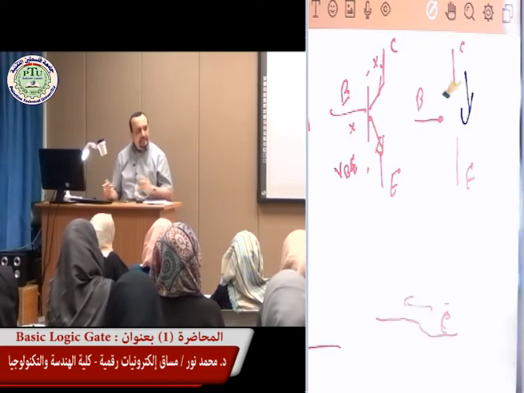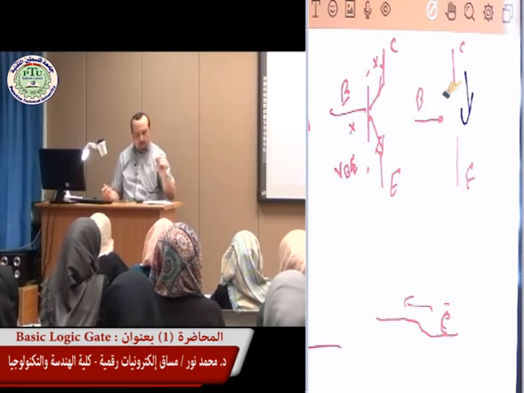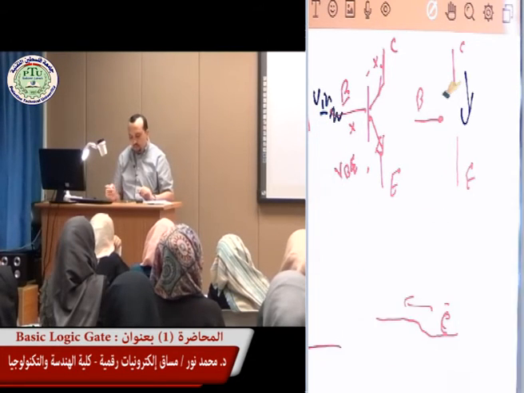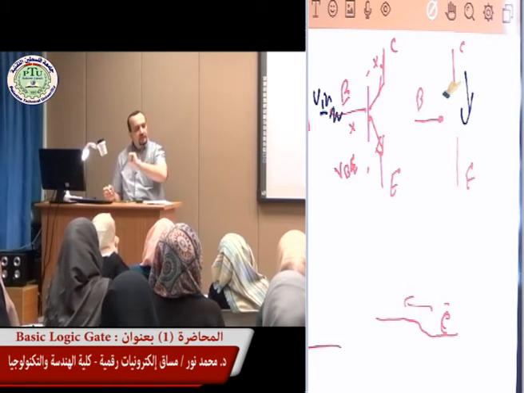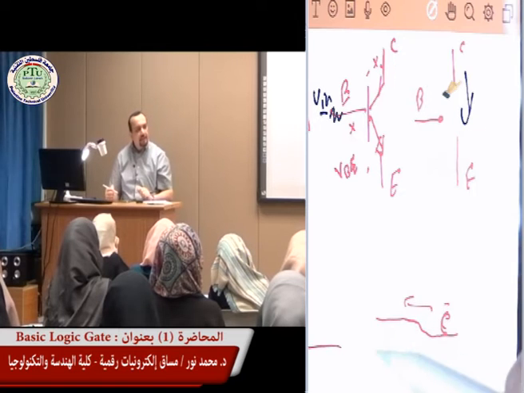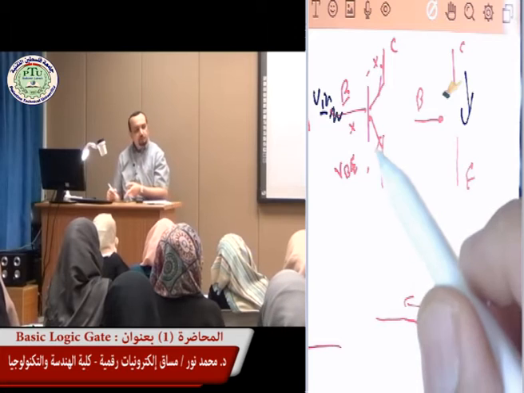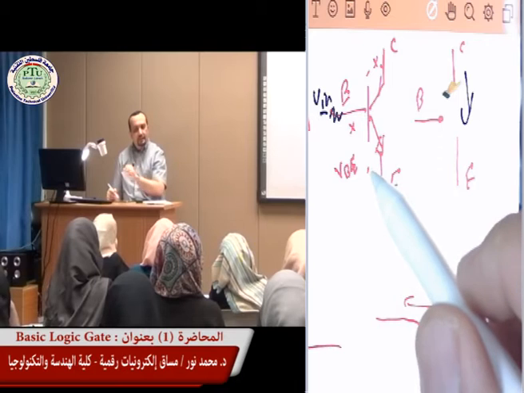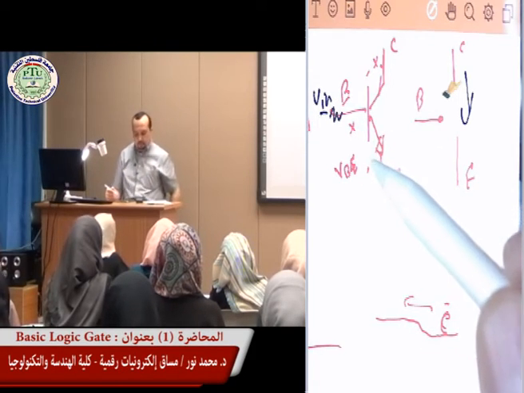So I apply a small current, or small voltage, at the resistor. No, let's say current, because here we have a resistor, right? Then here we have VN. So this small current across the base controls a large current across the collector-emitter. That is the idea. The MOSFET is the opposite: the BJT is what we call a controlled current device, while the MOSFET is voltage controlled. This is general information.